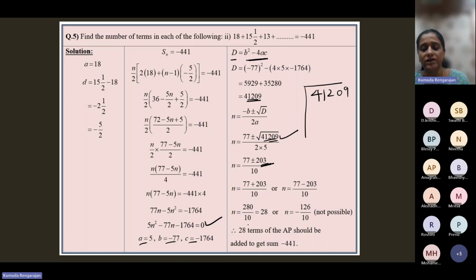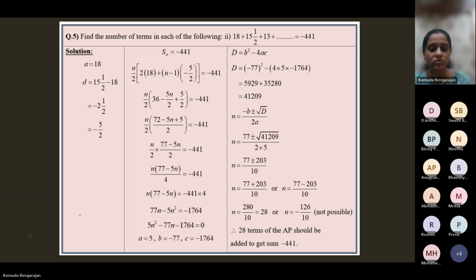The two values for n are 28 and minus 126 by 10. This is negative and a fraction, so it's not possible. So n is 28, which means the sum of the first 28 terms of this AP is minus 441.